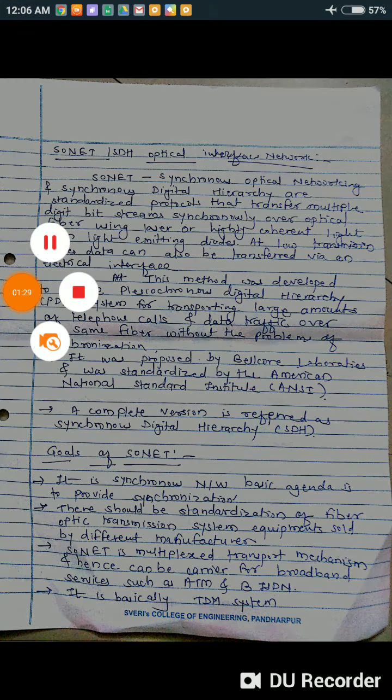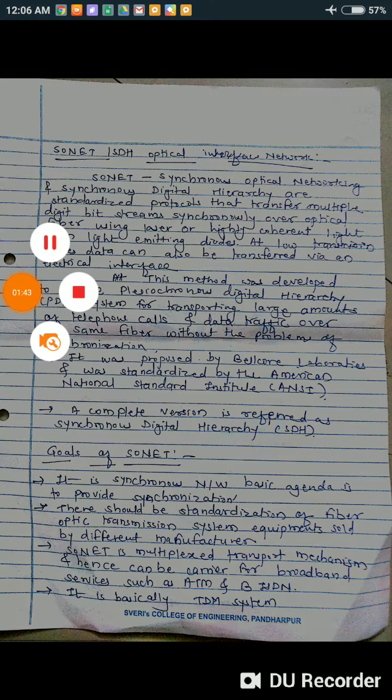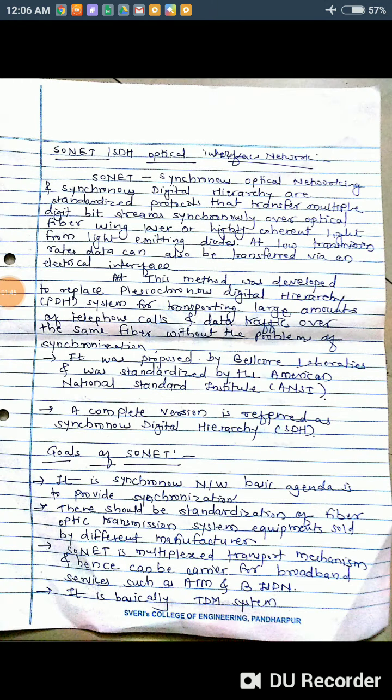Topology means the structure in which the stations are connected to each other. There are four main types of topologies: ring topology, bus topology, star topology and mesh topology. Out of these four, the ring topology is most commonly used in optical networks.